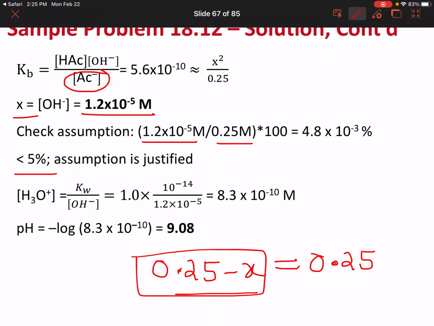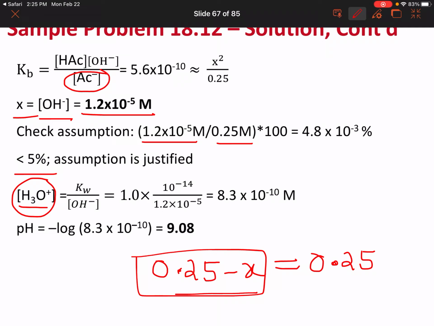So we want to find out, in this equation, what are we looking at? We want to find the pH of the solution. What we found is the hydroxide. So to find the pH, we need to know the hydronium ions. Hydronium ions times the hydroxide equals Kw. So hydronium ion would be Kw over hydroxide ions.